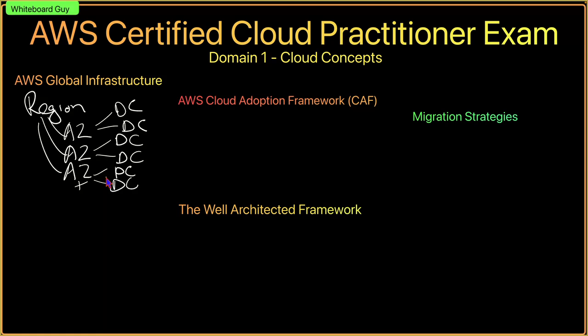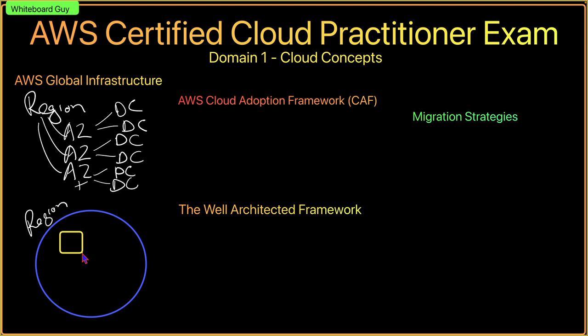These availability zones, there are certain things that you also need to remember, that the distance between them is no greater than something like 100 kilometers. So if that is a region, and we go and paint this out, there's a region. In that region, there will be multiple availability zones. So I'll make 1, 2, 3 availability zones.